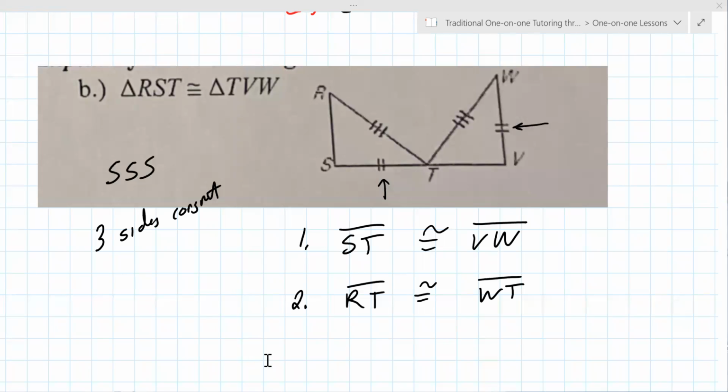Well, there's one more side that you need to find out, but it's not labeled as being congruent. So this only has two sides congruent. So that's it, just two.